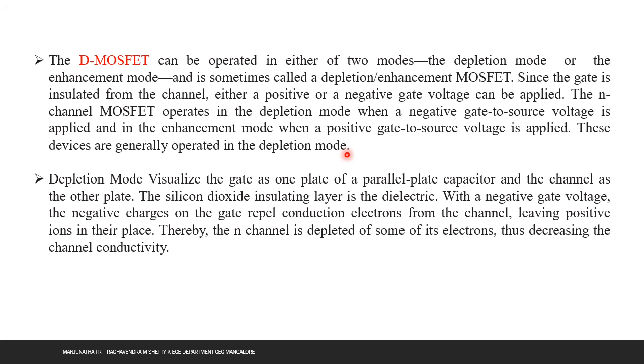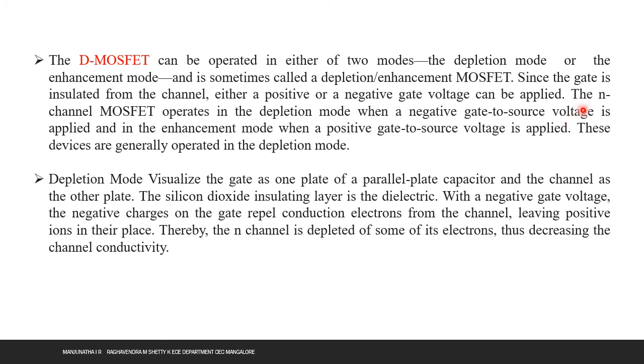When a negative gate to source voltage is applied, it is in the depletion mode, and when a positive gate to source voltage is applied, it acts in the enhancement mode.